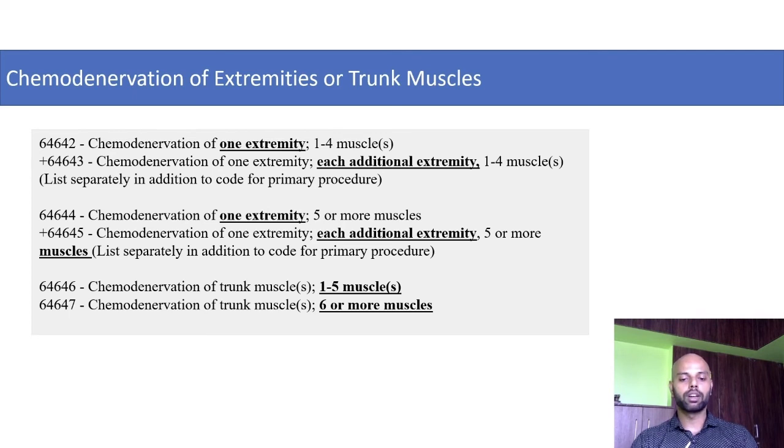For each additional extremity for 5 or more muscle groups, use add-on code 64645. CPT 64646 is for trunk muscle for 1 to 5 muscles. For 6 or more muscle groups in trunk muscle, use CPT 64647.